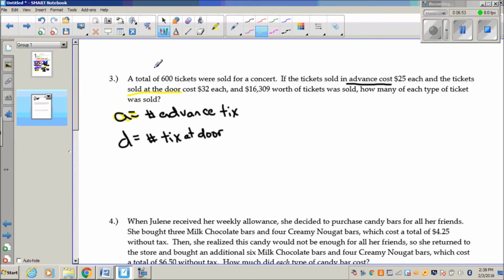So here, initially it tells us a total of 600 tickets were sold. That means in all the advance sale tickets plus all the tickets at the door added up to 600. So that's my first equation.